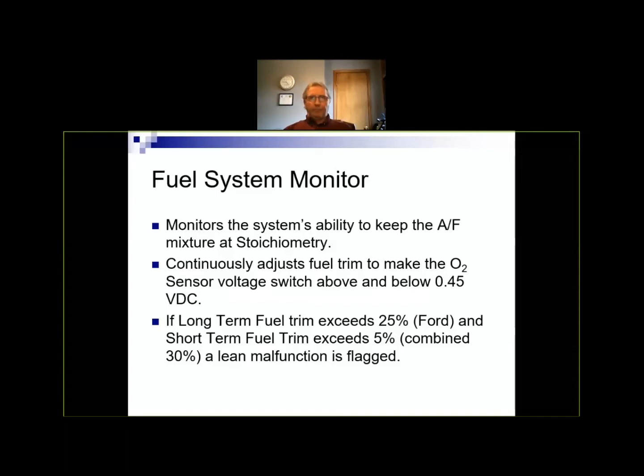Well, I'm not willing to say that every Ford has the same numbers, or every GM has the same numbers, or even as model years have gone on. I think if you go back to 1996 and look at the fuel system monitor on an old Chevy Cavalier or something, and then you go to a 2019 Honda, are you going to see the exact same stuff?